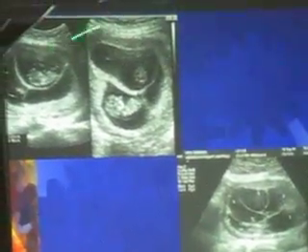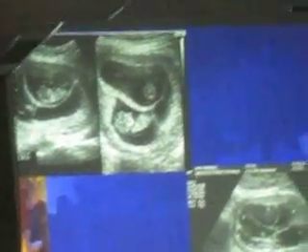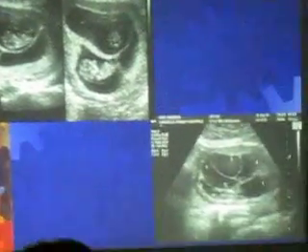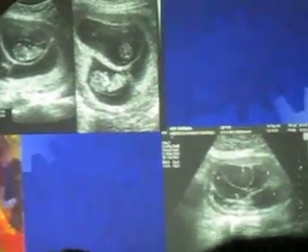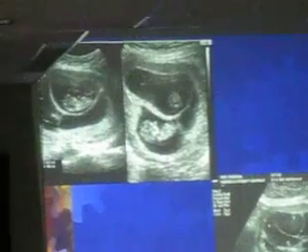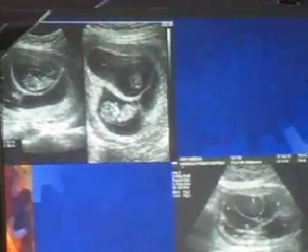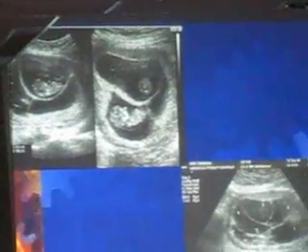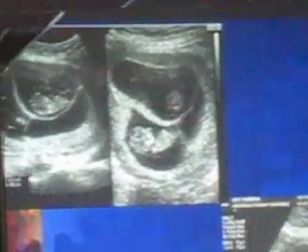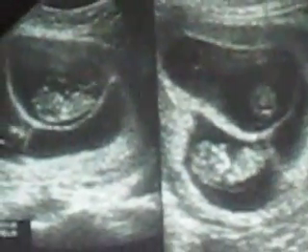So, the issue of multiple pregnancy: if you come across multiple pregnancy and you had the opportunity to do an early pregnancy scan, we have to cash in on that, because an enormous amount of information is obtained as far as multiple pregnancy is concerned in early pregnancy. Well, before 10 weeks, there is a little bit of an issue regarding calling the number of fetuses.